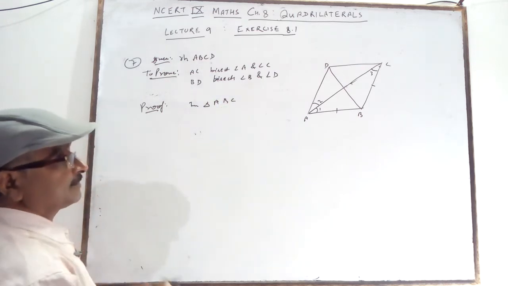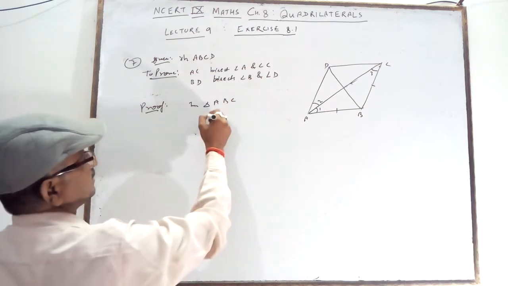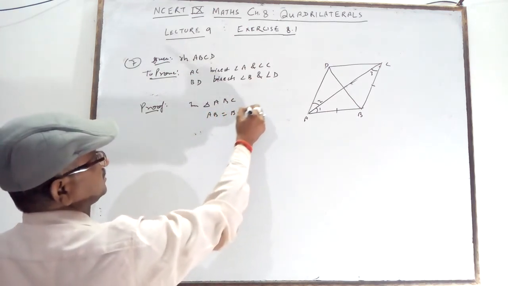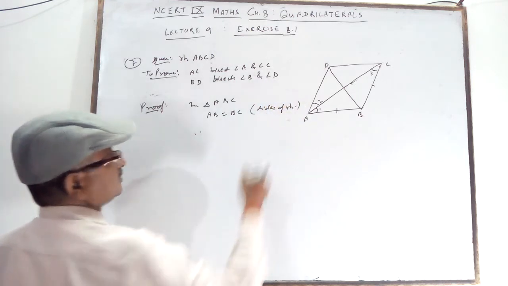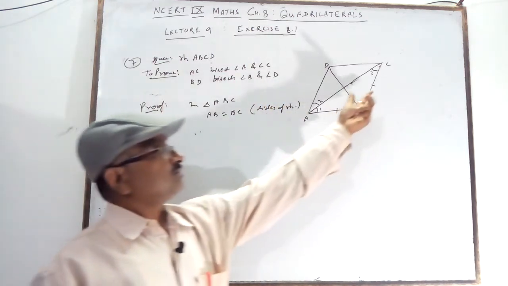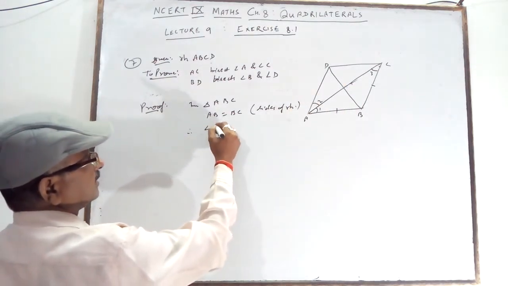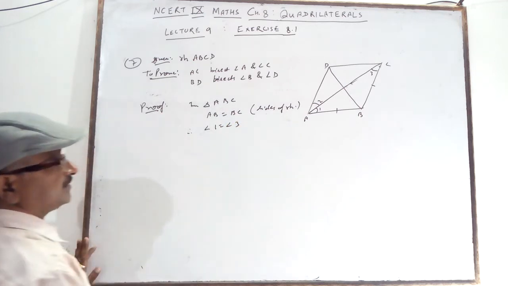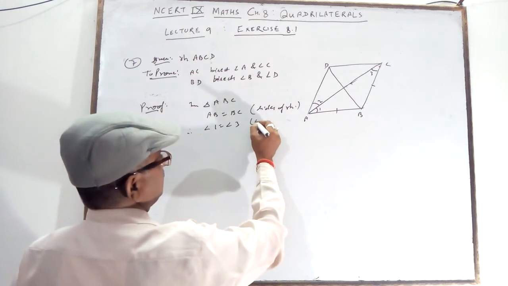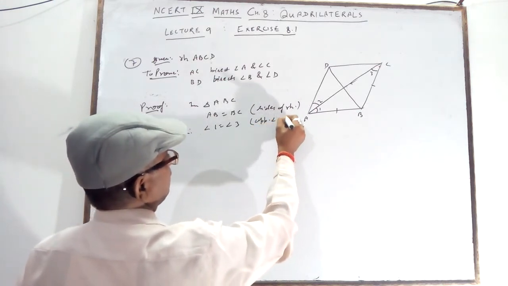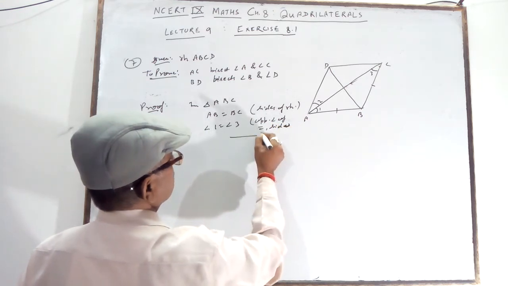In triangle ABC, AB is equal to BC. Why? Sides of rhombus. AB is equal to BC are the sides of rhombus. Therefore angle 1 is equal to angle 3. Why? Opposite angles of equal sides. It is the equation first.